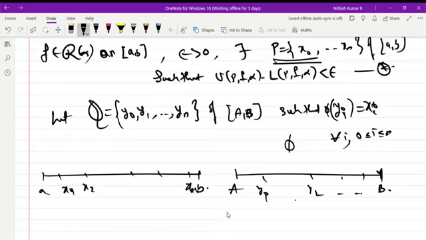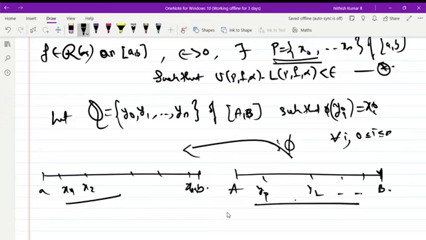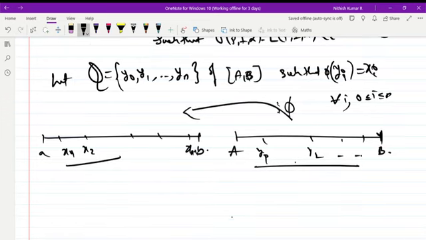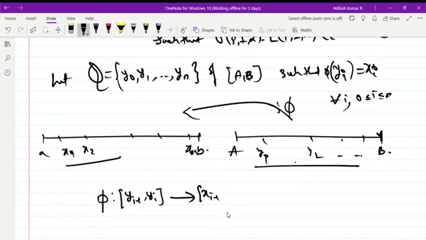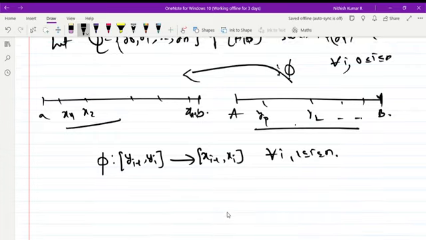So phi is a mapping from the closed interval capital A comma B to the closed interval small a comma b. Therefore we are restricting to the small subinterval y(i-1) comma yi to x(i-1) comma xi. Now it's a bijective function for each i between 1 and n.